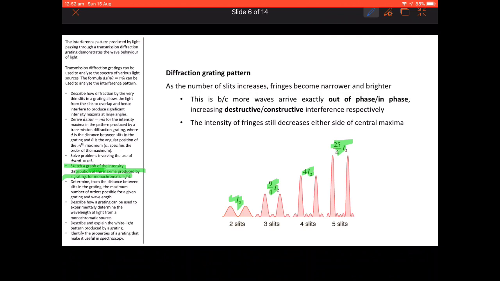If you had to draw the intensity distribution, then this would look a bit like this, with the central maximum in the middle, and then the intensity slowly decreasing either side of the central maximum.